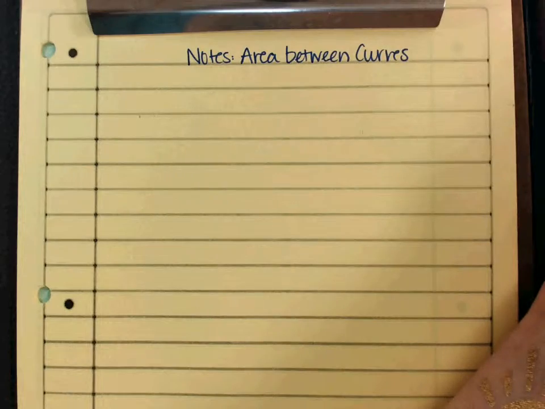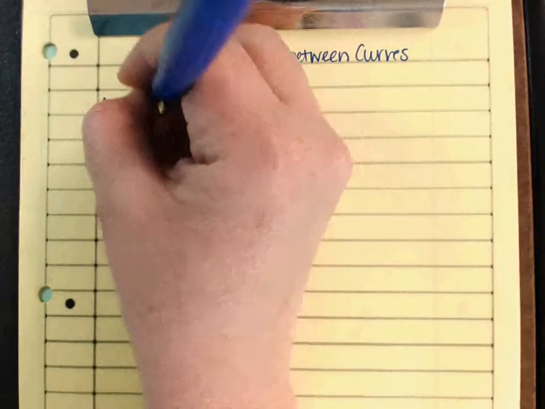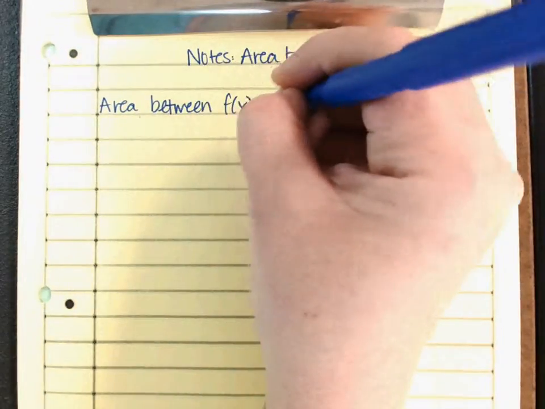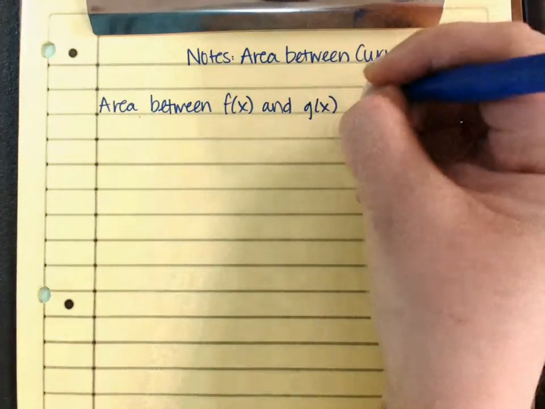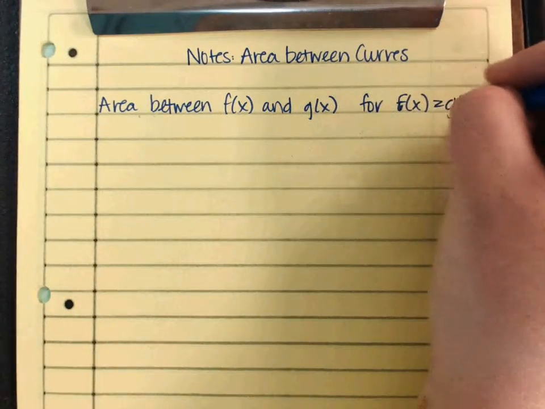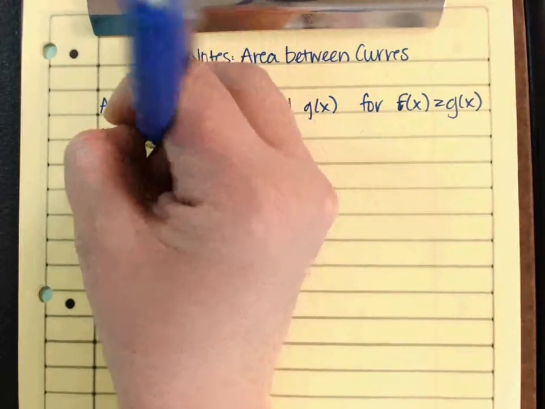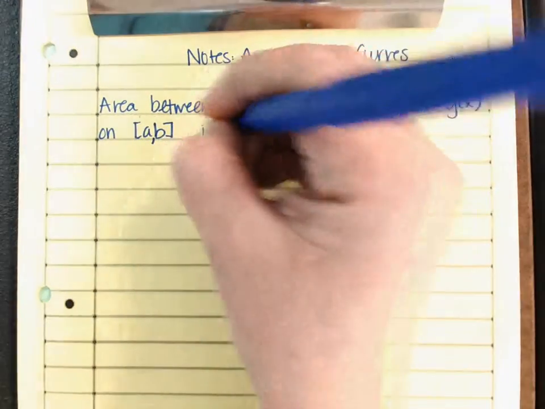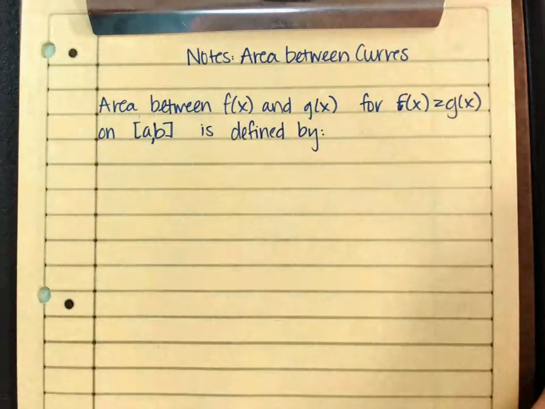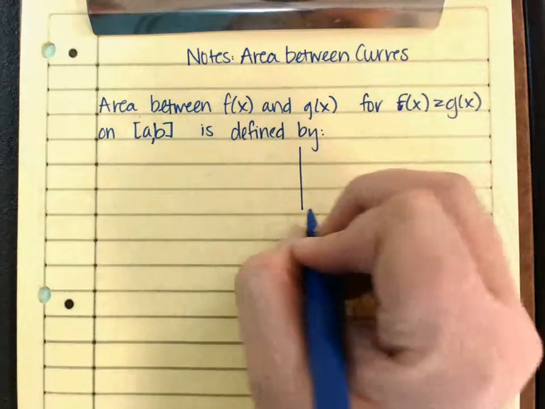And here's the basic gist. So when you are finding the area between two curves, we'll say between f of x and g of x, for f of x greater than g of x on the interval from a to b, it will be defined by, okay, and then we're going to sketch a little picture here just to kind of explain what's going on.